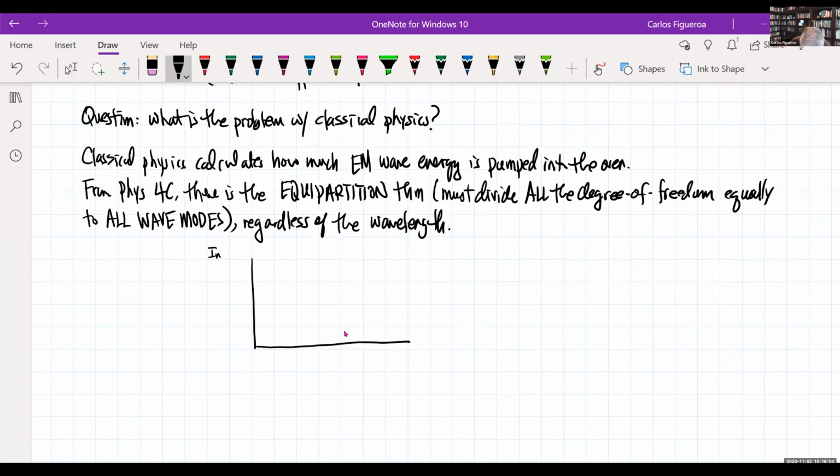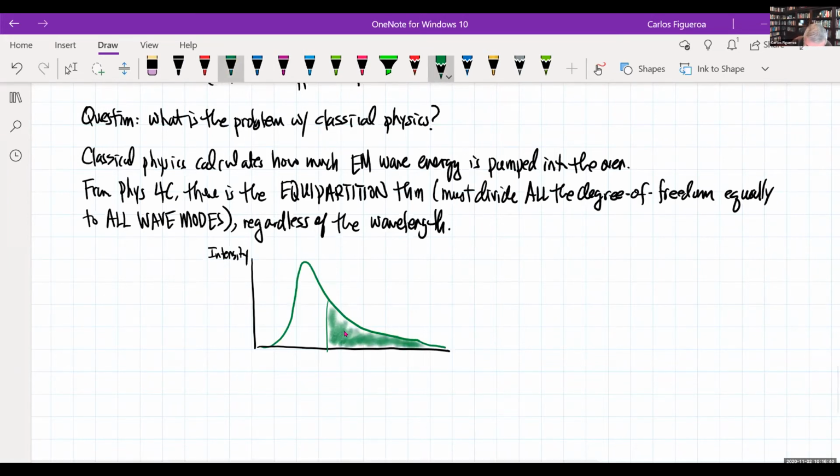So here's again my intensity, my blackbody radiation curve. And so if I redraw this thing, that doesn't look like it's symmetric, right? If I'm looking at this here, this is not symmetric. Look what's happening over here: you're getting a lot more low frequency region.